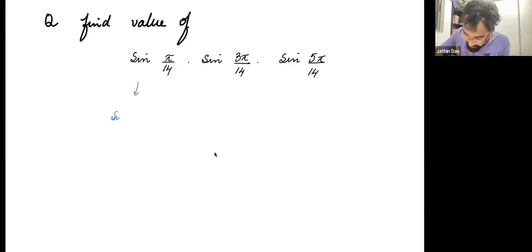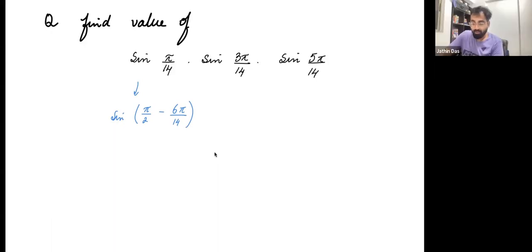So this you can write as sine pi by 2 minus, what will come? 6. Okay, correct, no? What I am doing is, take half of 14, which is 7. How much is 7 minus 1? 6.